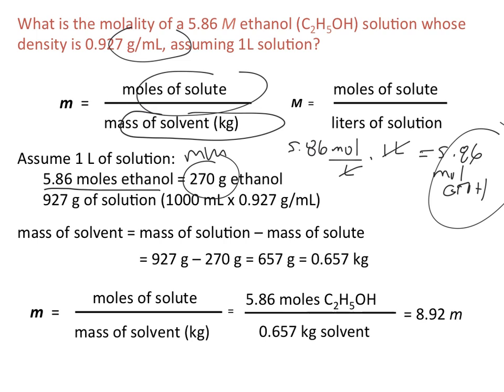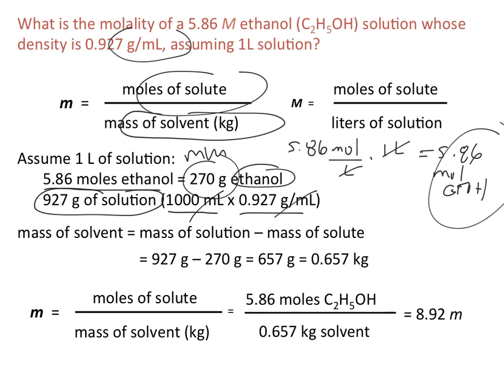We're going to take the 1 liter that we have of our solution and convert that into milliliters, and multiply it by our density. Milliliters and milliliters are going to cancel there, and that's going to give us our total of 927 grams of solution. So now I know the total mass of my solution, and I know the mass of my solute.